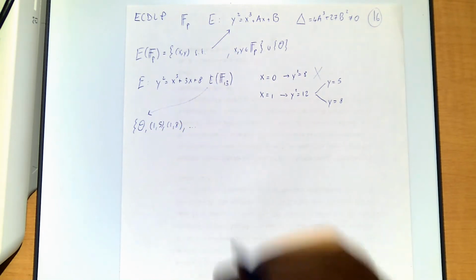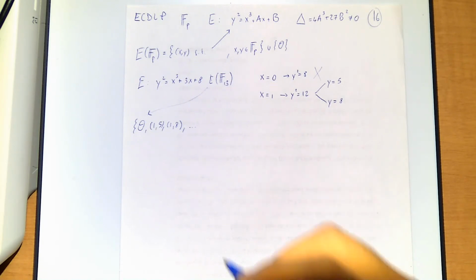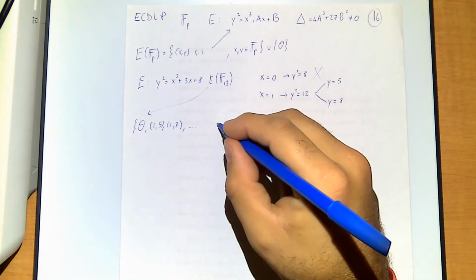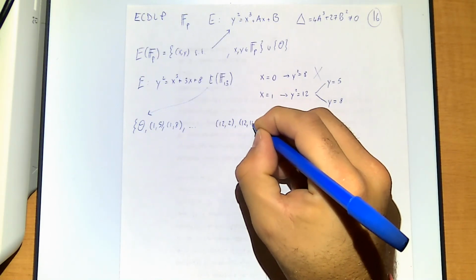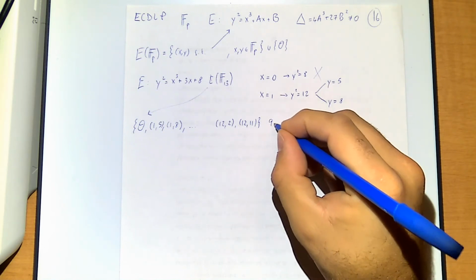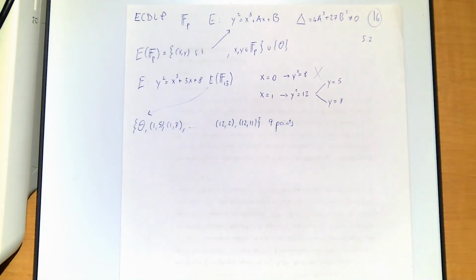And we keep doing this procedure for 2, for 3, for 4, and all the numbers modulo 13 up until we get to 12. 12 is also of this kind, so we get (12, 2) and (12, 11), and in total we get 9 points. Okay, you have this in the book. We are now looking at section 5.2. So we get 9 points on this curve.